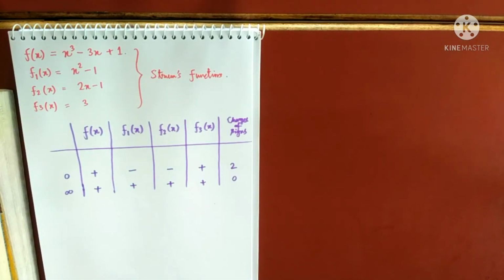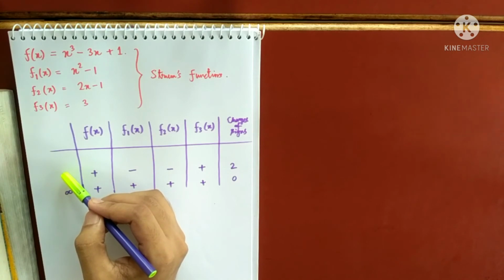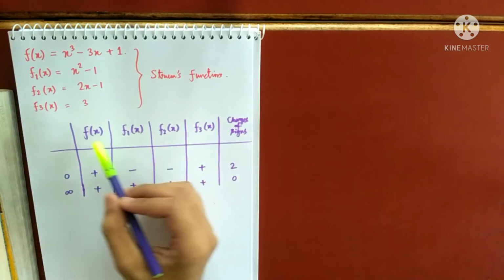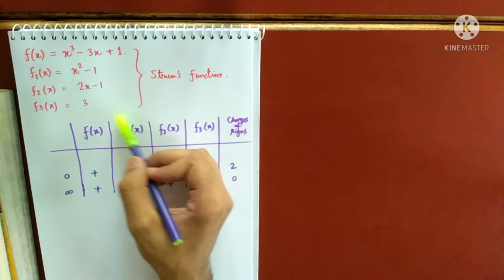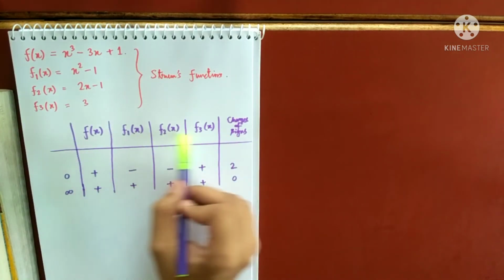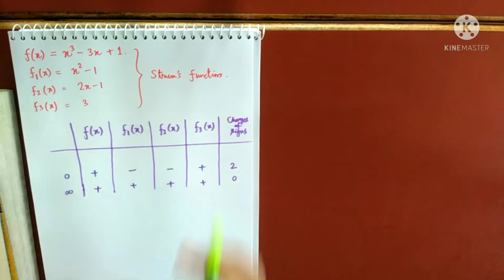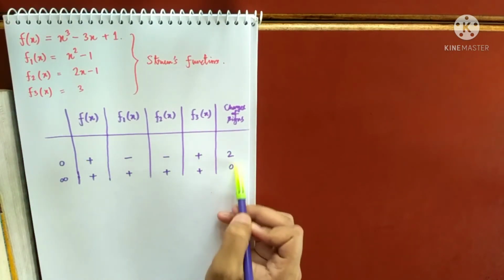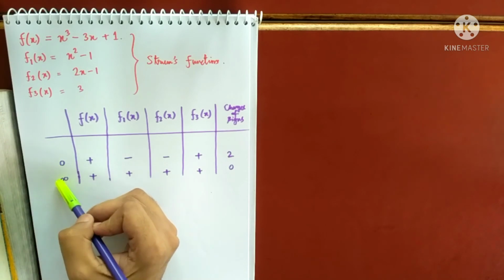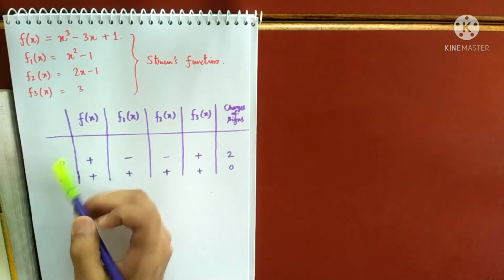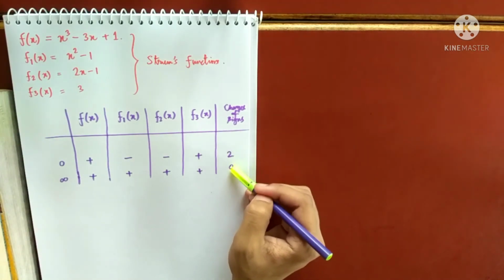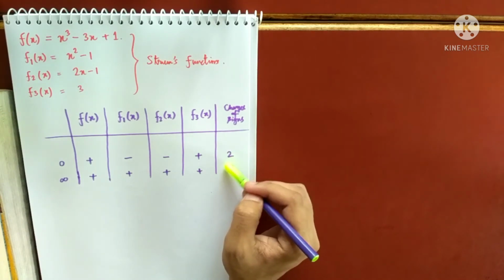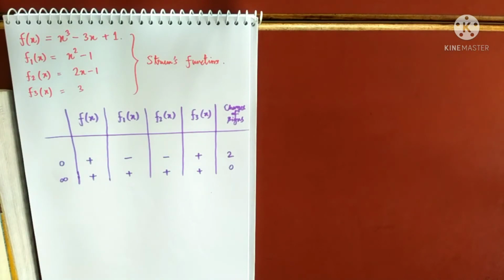So what was the theorem? The theorem said that you determine the changes in sign of this sequence. You have to write this in sequence. You cannot write f1 here, fx here. No, this is the sequence that I will be following in Sturm's theorem. So we have written the changes in sign. The number of real roots in this equation is the excess of changes in sign. Here I have 2 changes in sign, here I have no changes in sign. What is the excess? 2.